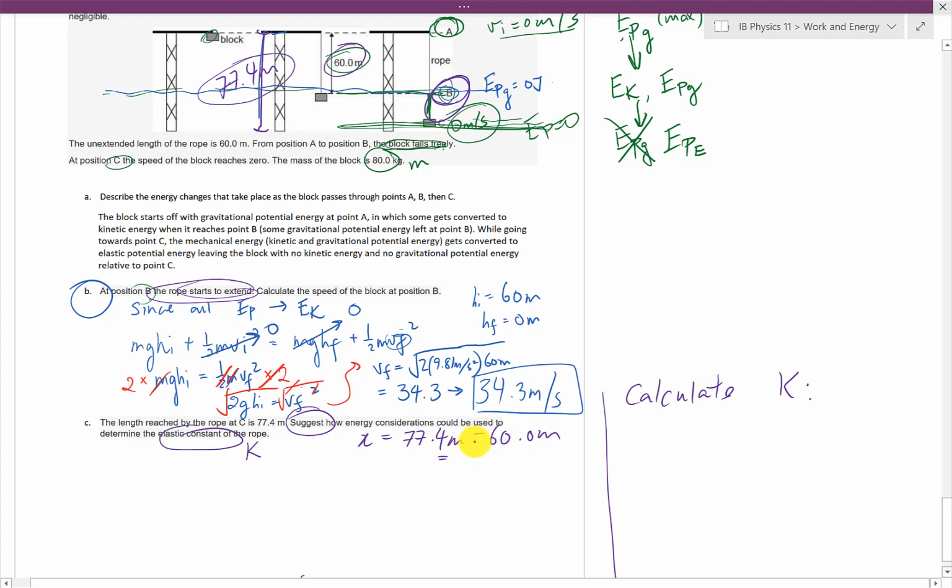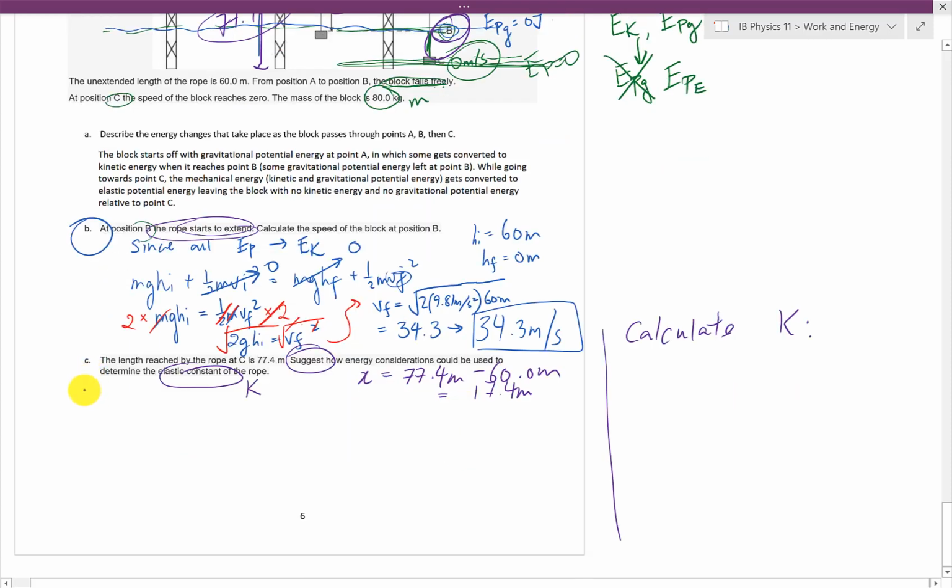So you know the stretch in the spring here, which means if you have the elastic potential energy, and you know how much the rope is extending, then you can calculate K.